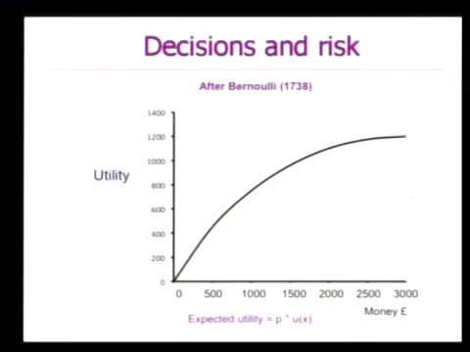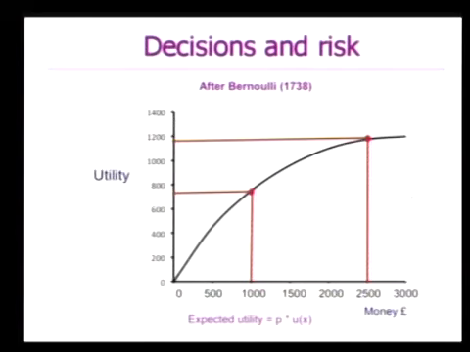So basically, my utility for winning 3,000 isn't twice my utility for winning 1,500. So you can take the amount that you win, or that you're offered, and go up and look at what that is in actual subjective utility. So let's take our £2,500 and go up here, and the utility of that is not 2,500, it's actually just under £1,200, based on this hypothetical utility curve that you might have.